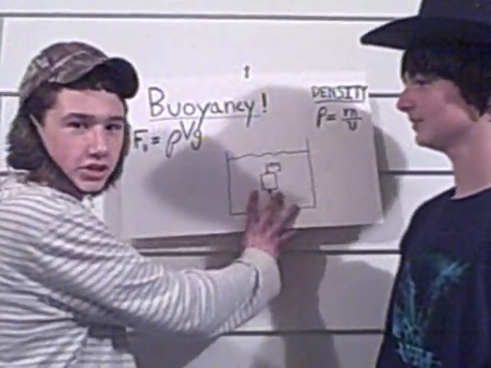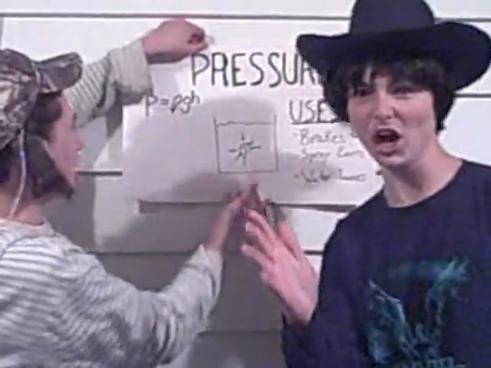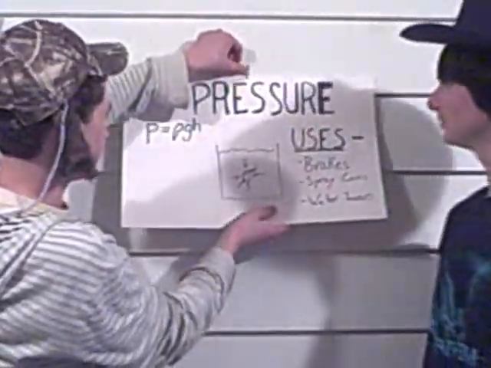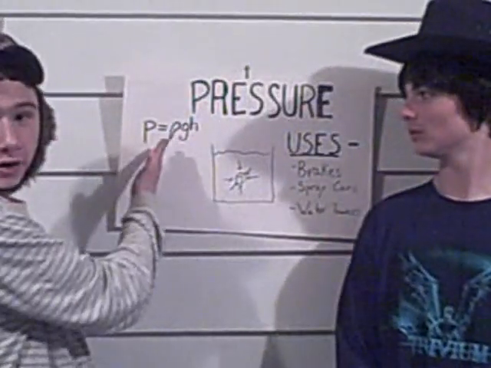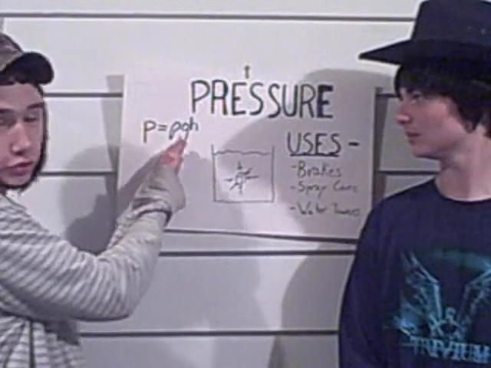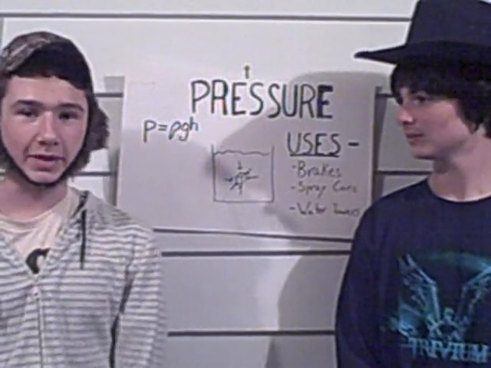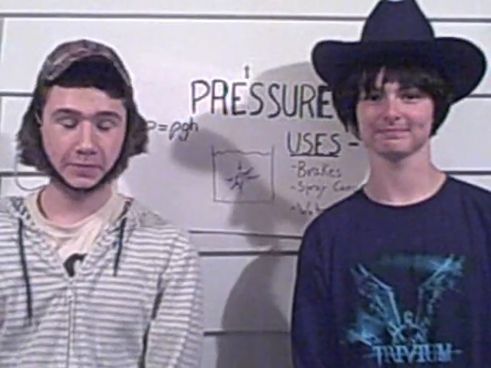And today's secret ingredient is pressure! Pressure is defined as rho, the density of the object, times g, gravity, multiplied by h, the height difference between the 2 points that you are measuring.